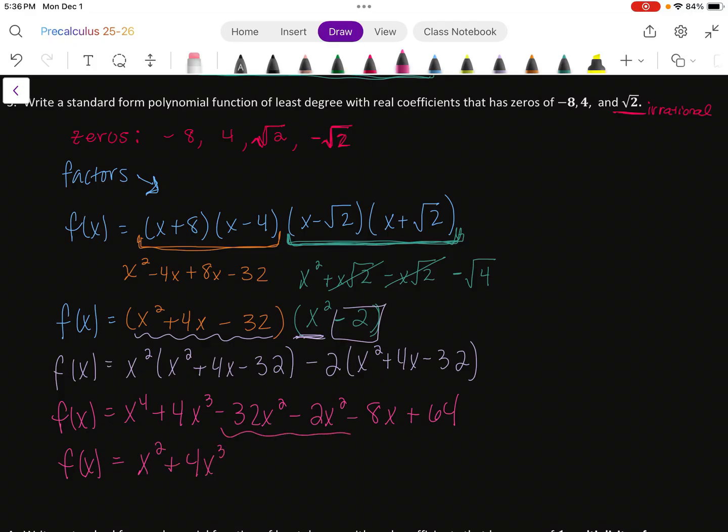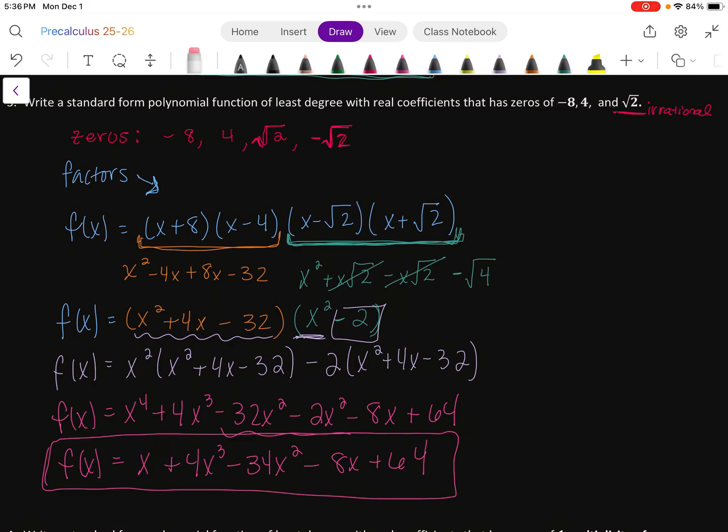And again, the practices that I show you typically will nicely align in standard form for us. And that is our final answer. Degree of 4. I was given 3 zeros, and then an irrational zero comes in a pair, so that makes it 4 zeros. And oh my gosh, I saw that I wrote 4 there.